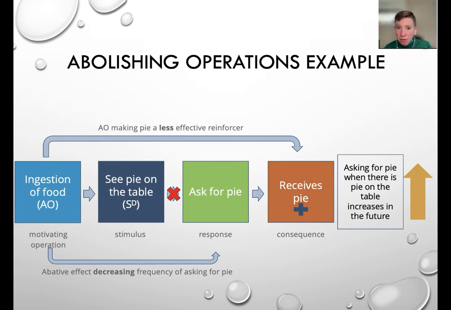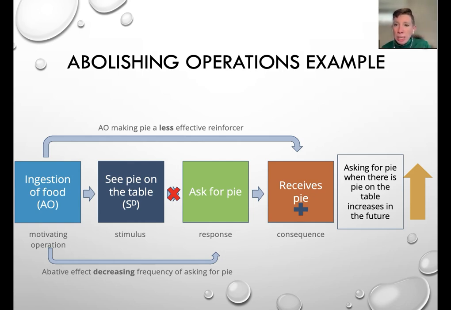It's going to change the effectiveness of a reinforcer. So it affects the reinforcer in a contingency, but it's also going to decrease or increase the frequency or some other dimension of specific behaviors that have been associated with that reinforcer in the past. So for pie, I'm less likely to ask for pie if asking for pie usually gets me pie, and pie is not reinforcing to me.